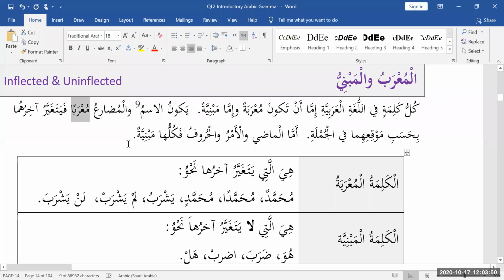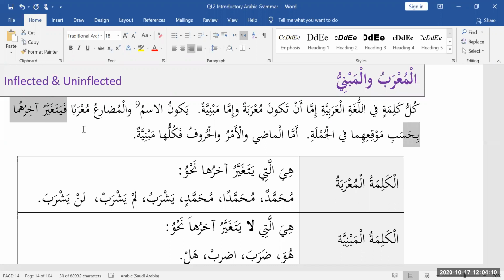They are inflected, meaning that their endings change to reflect their jobs in the sentence, to reflect their grammatical functions. فيتغير آخرهما بحسب موقعهما, depending on their موقع.